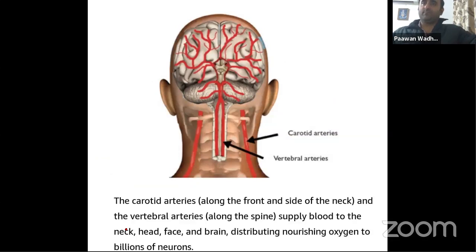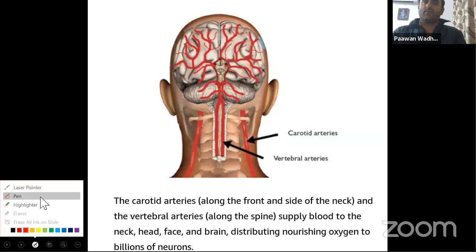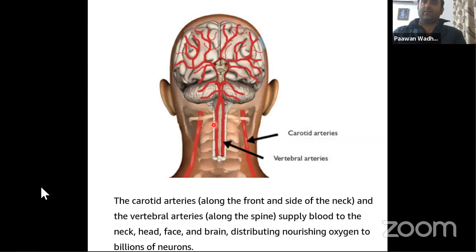We have so many great arteries which supply the brain. The carotid arteries along the front and side of the neck and the vertebral arteries supply blood to the neck, head, face, and the brain, distributing nourishing oxygen to the billions of neurons. If your neck is properly elongated, there is free flow of blood to the brain.